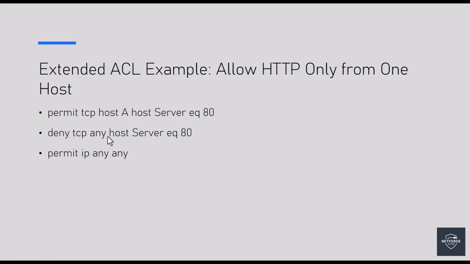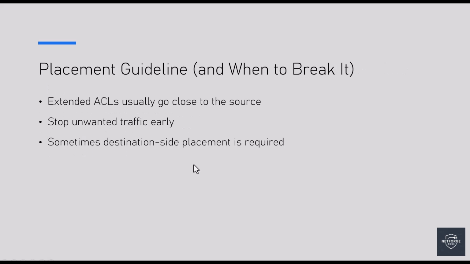And then there are some other options here. You can see, for example, some examples. For HTTP, we have port 80. I'm just going to let you go through this and see what is going to be used. And for placement guidelines, extended access list usually go close to the source. Standard access list usually go close to the destination.